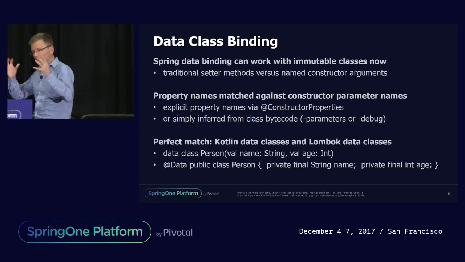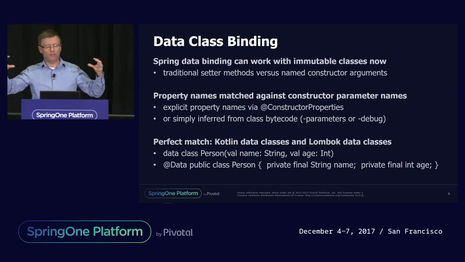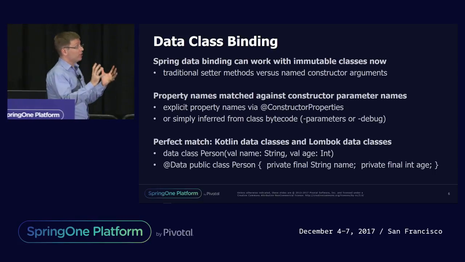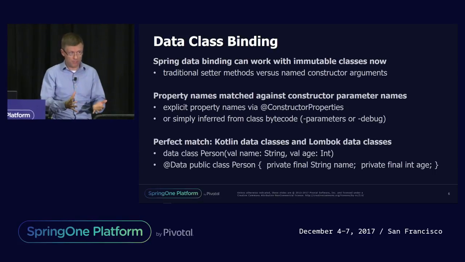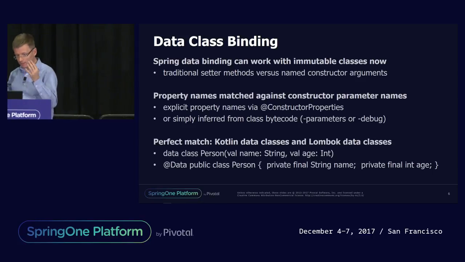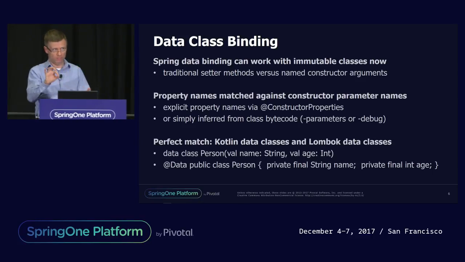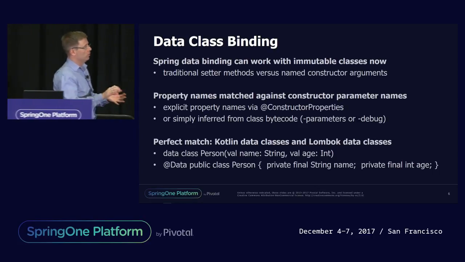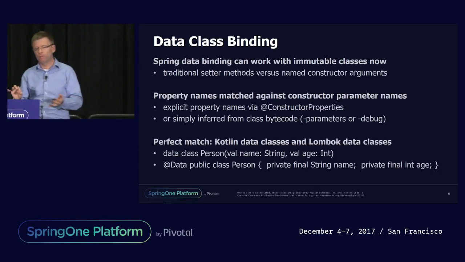We introspect this unique data class constructor. We take a look at the parameter names. The parameter names are actually significant here, so they have to be retained in the bytecode. Please do compile your classes with -parameters in Java 8, or at least with -debug, which we generally can also use to resolve parameter names.